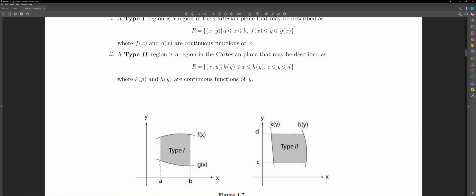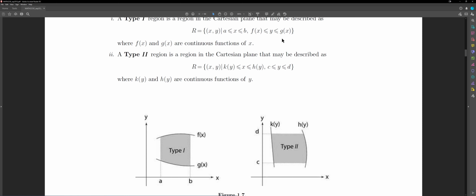So a region that is enclosed by two vertical lines, x is equal to a and x is equal to b. In other words, the x lies between a and b. So here you see that the x is lying between a and b, and the y values lie between two curves, y is equal to f of x and y is equal to g of x. So the y values lie between f of x and g of x.